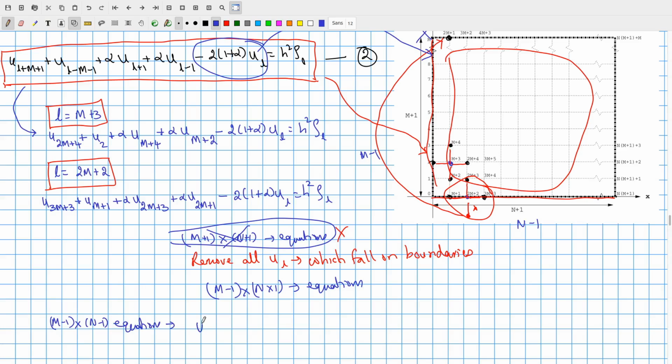That is u of L plus m plus 1, plus u of L minus m minus 1, plus alpha times u of L plus 1, plus alpha times u of L minus 1, minus 2 times 1 plus alpha times u of L, equal to h square rho L.